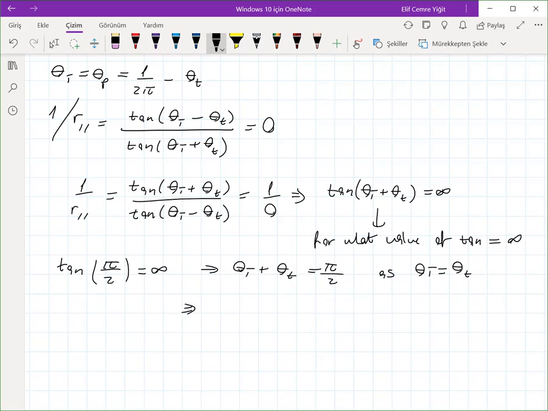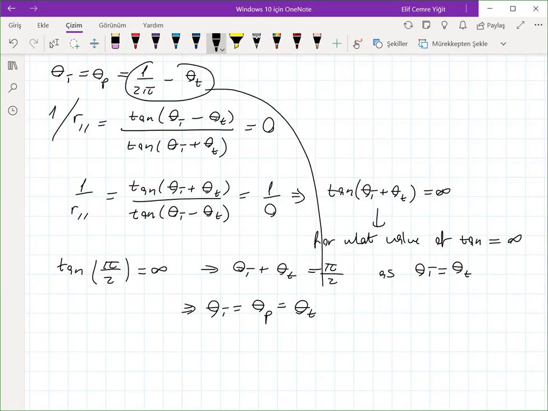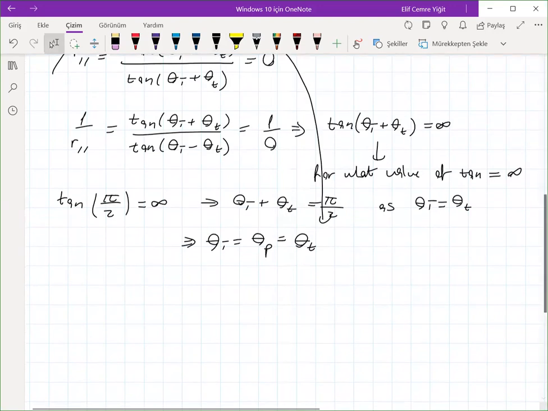Then I know that theta incidence is equal to theta polarization. And if this is equal to pi over 2 minus theta transmittance, I'm going back to this, carrying this one here. My theta polarization will be pi over 2 minus theta transmittance.